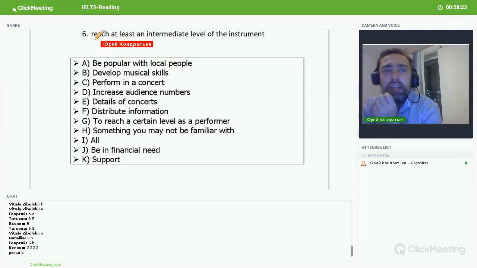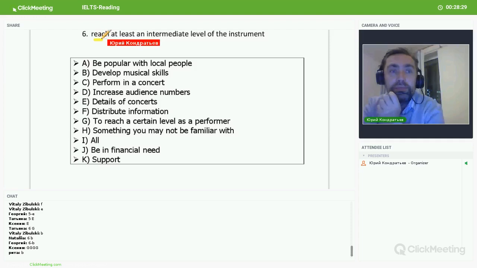You underline keywords in the question, and here these keywords will be reach, level, well level, but we mean that intermediate level, so it's like intermediate, like this, and level, and maybe instrument, but it might be absent.